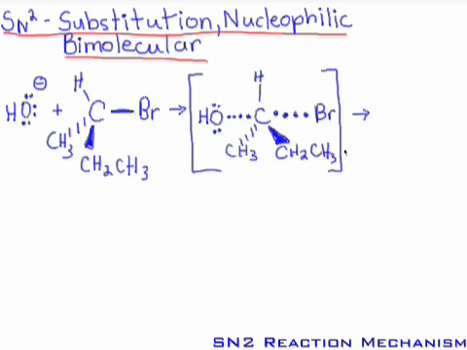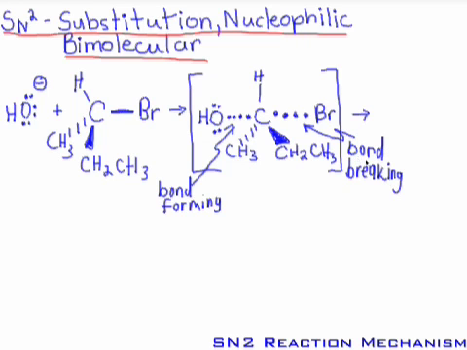And then what we have, we could write in bond forming, and here I can write bond breaking. So bond forming, bond breaking, the negative charge is transferring, delta minus, transferring from the hydroxide to bromide.